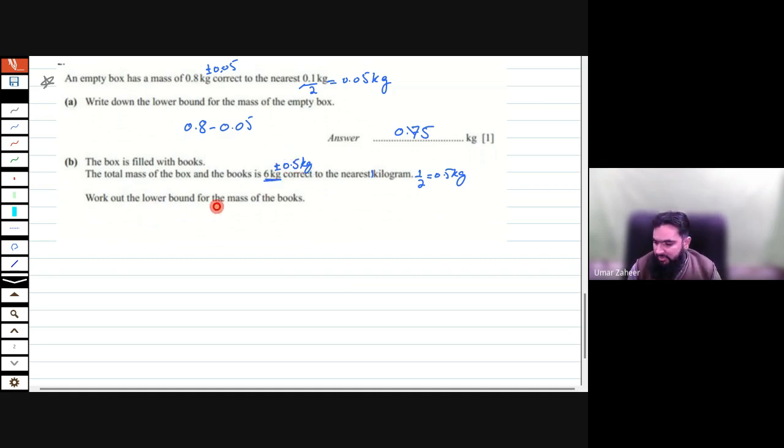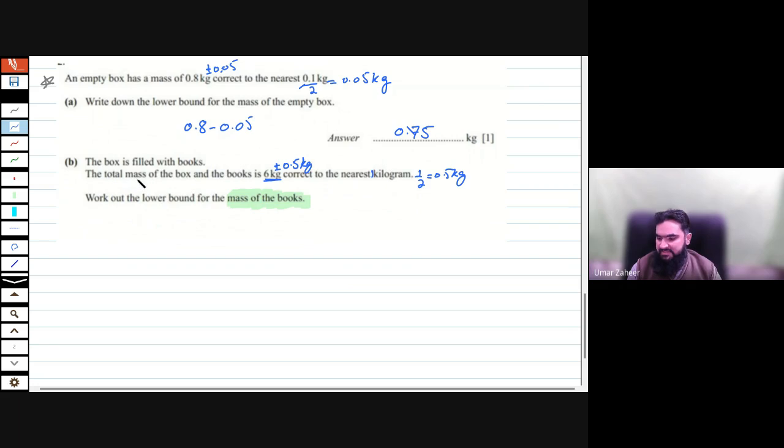Okay, you have to calculate the mass of the books. First of all, can anyone tell me what is the general formula? How can we find the mass of the books?